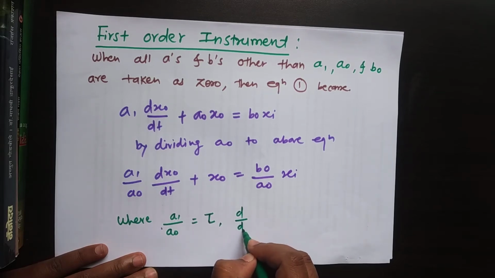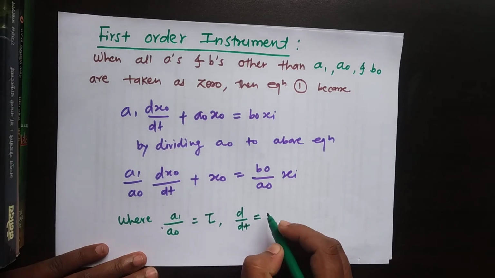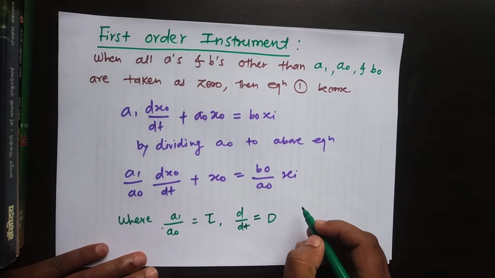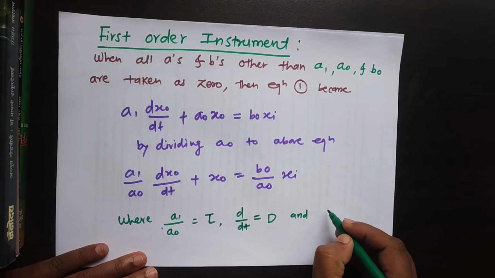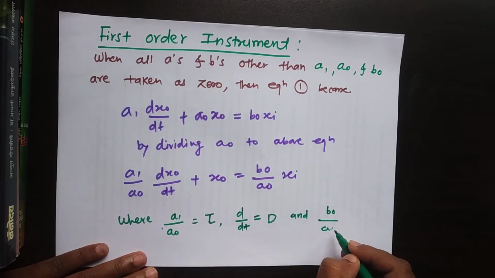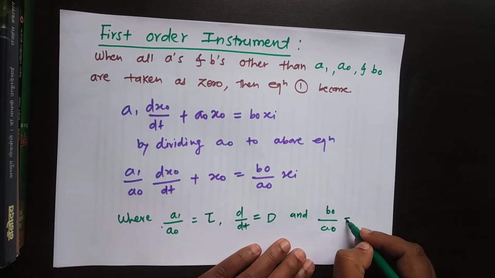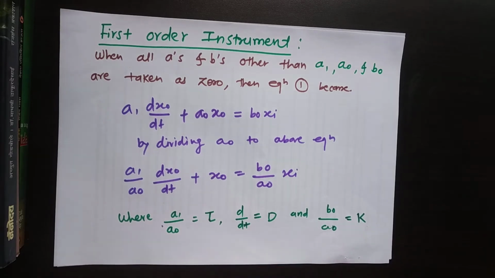Then d upon dt we can write as capital D, and as we know, b0 upon a0 is the static sensitivity K.